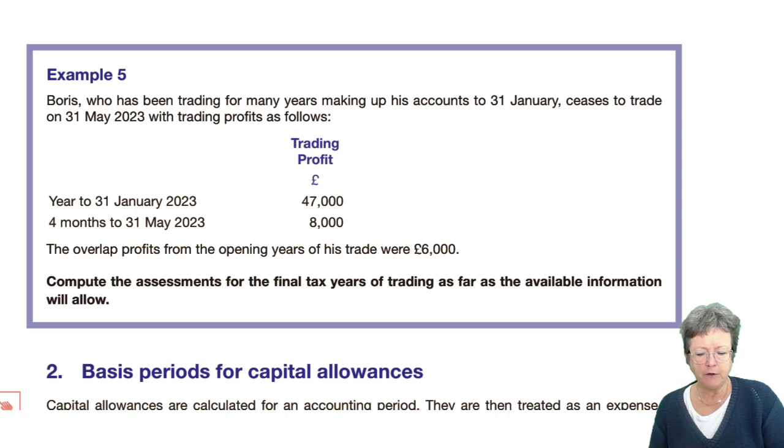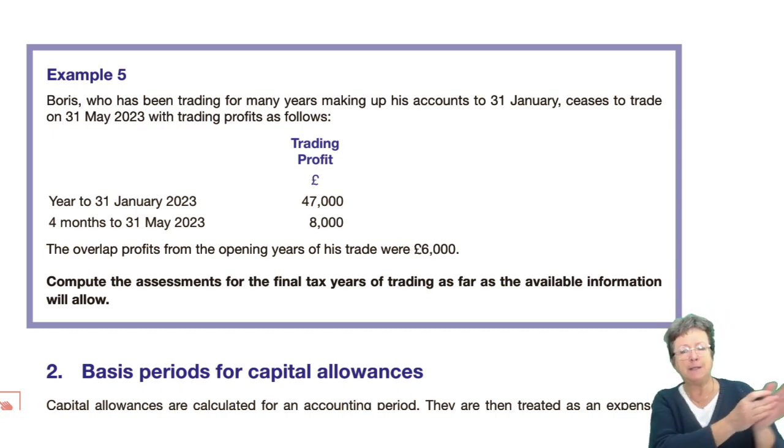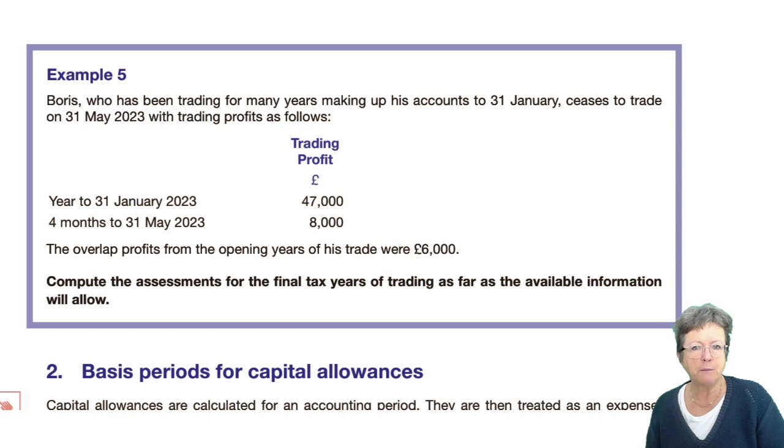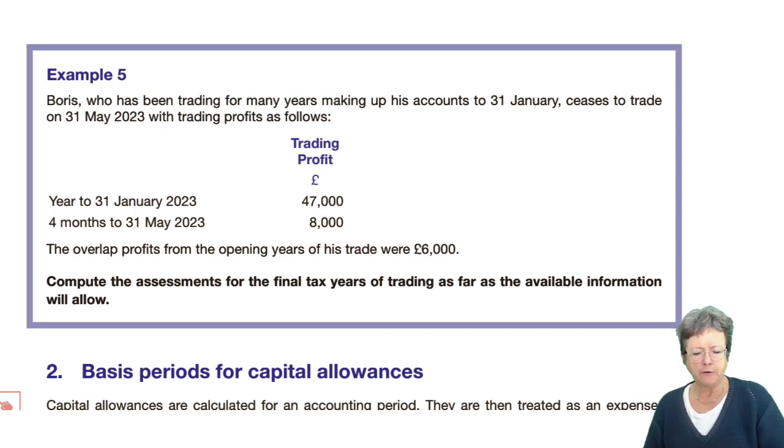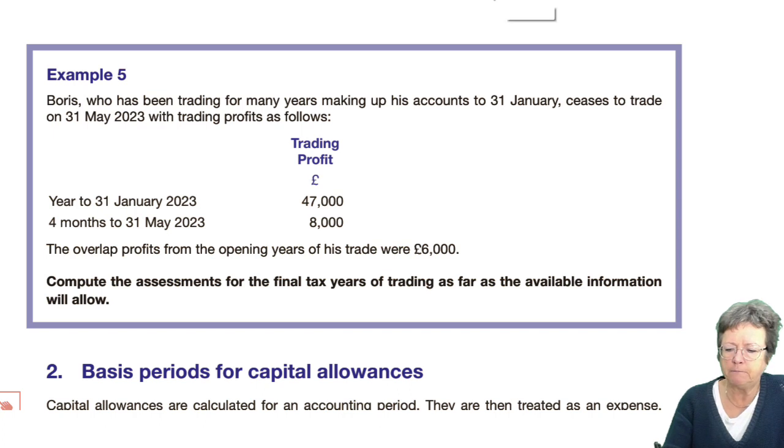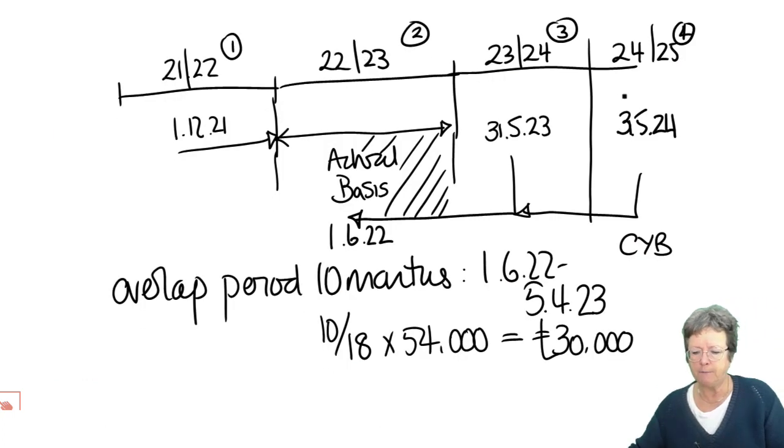And the overlap profits that had been calculated from the beginning, just like we did, were £6,000. Again, you could see this as a multiple choice kind of question to test your ability to do opening years and closing years, particularly the closing years. So you've got to work out the final year's trade profits. Okay, let's see if we can do that then.